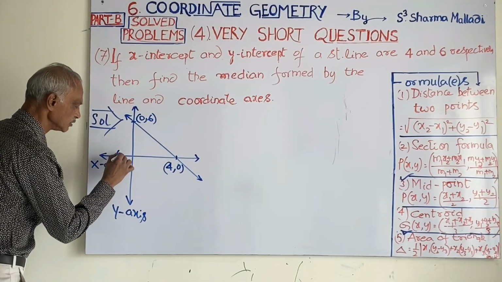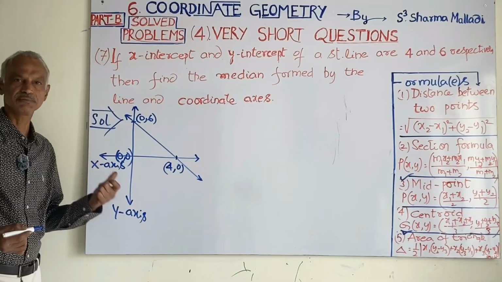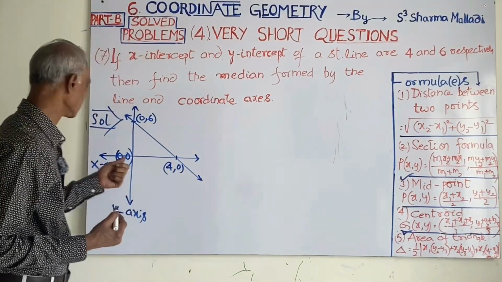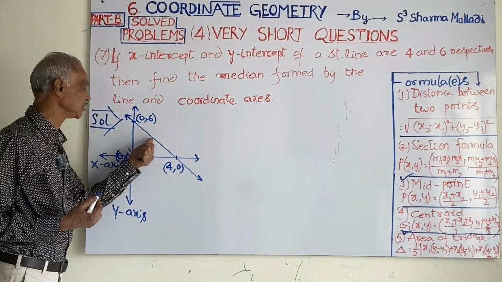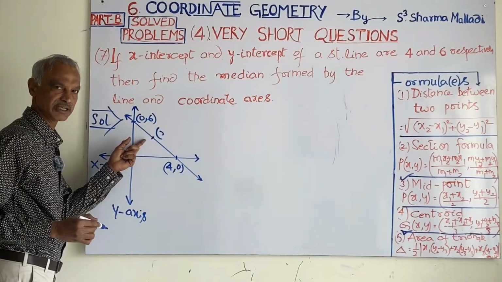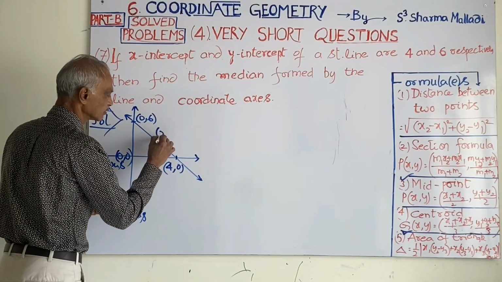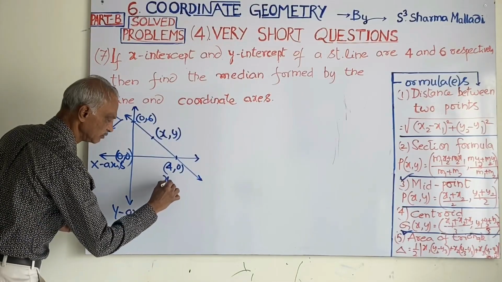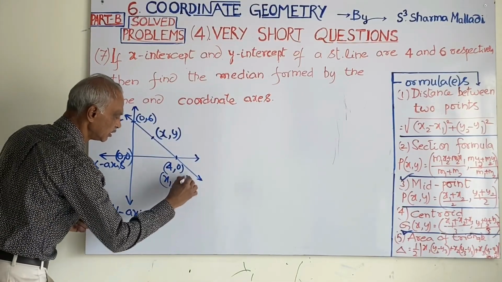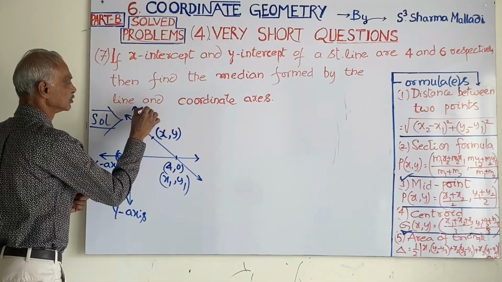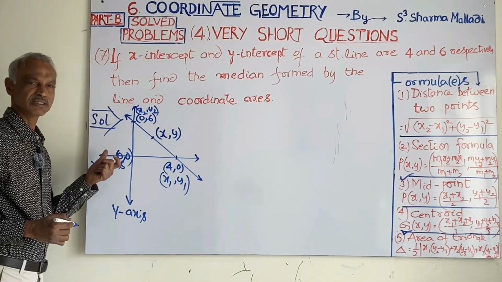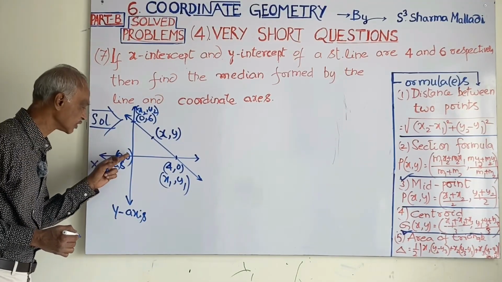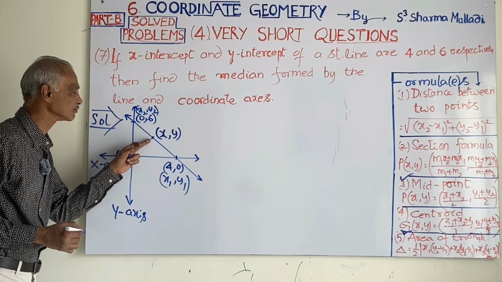This is the origin. What is a median? The line drawn from the vertex of a triangle to the midpoint of the opposite side. You take the midpoint as x and y. We don't know it. And this is x1, y1 and you take x2, y2.